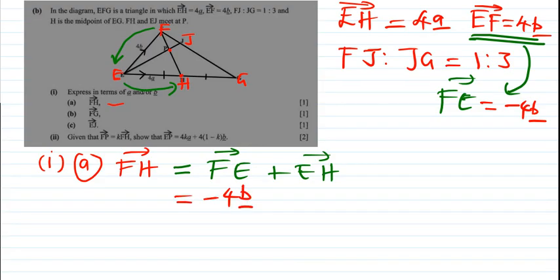Now EH, we don't know what EH is. But if we look at the given information, oh yes, actually we do have it. EH is given in the question, I didn't see that. So we are told from E to H is 4A.